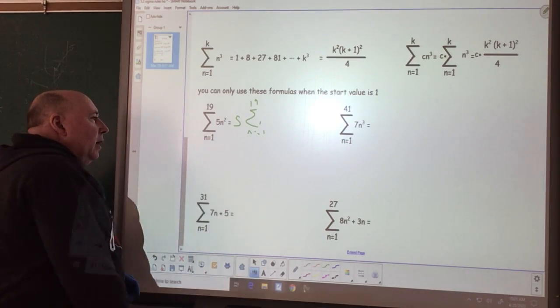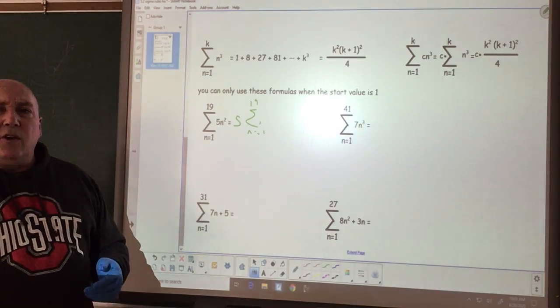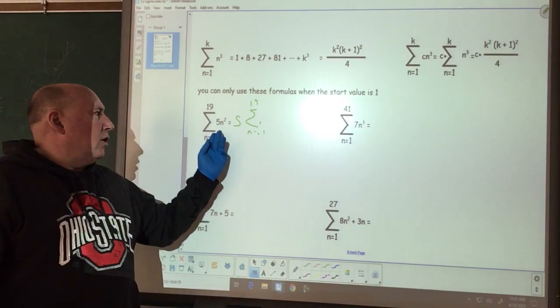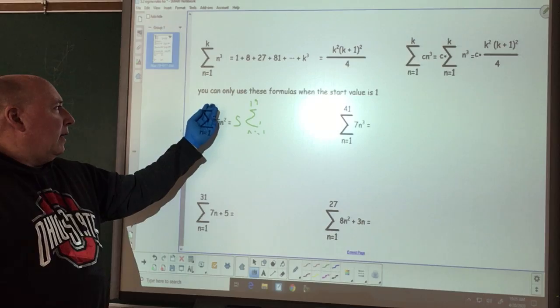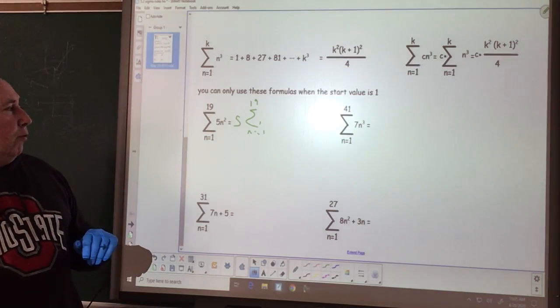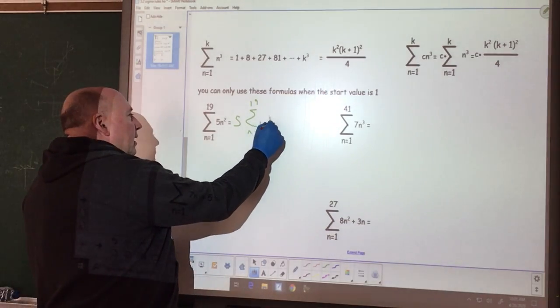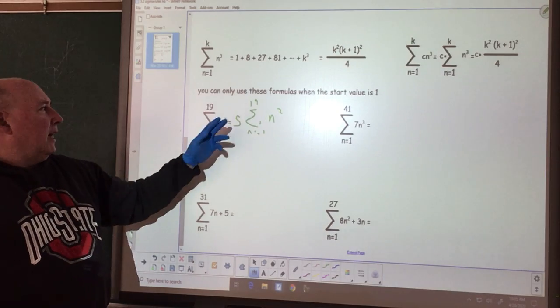And mind you, one thing I'll also note, you need to start this at a value of 1. If this starts at a value of 2, then I would have to move this down to 1. I'd have to subtract 1 from that also. So you need to get this at a value of 1. So I have 5 times the sigma of n squared, from n equals 1 to 19.